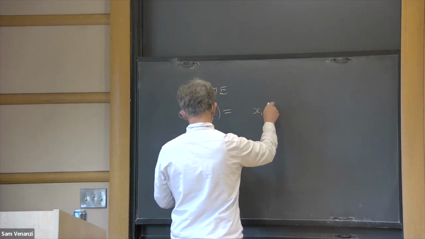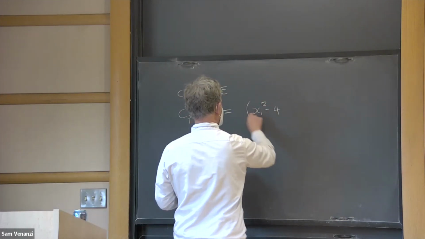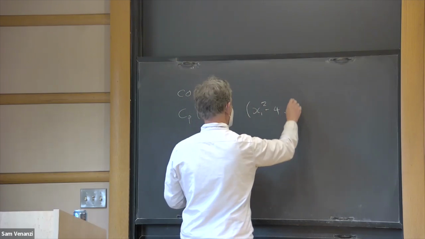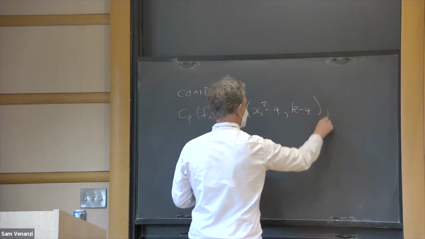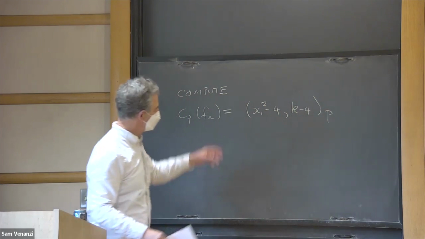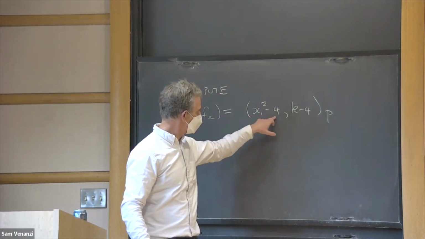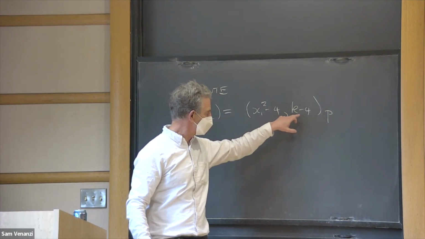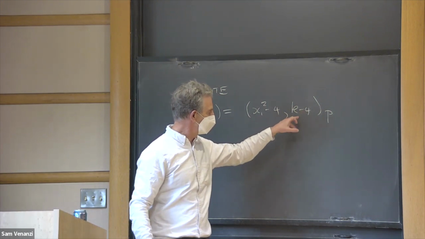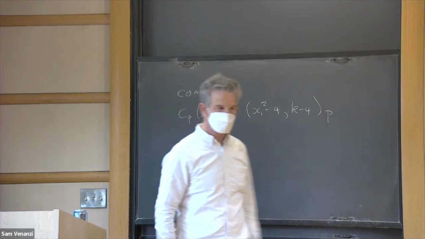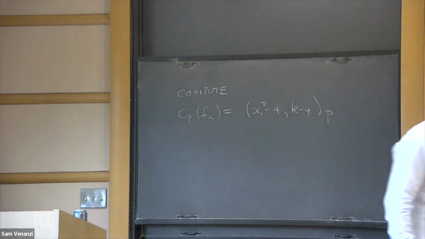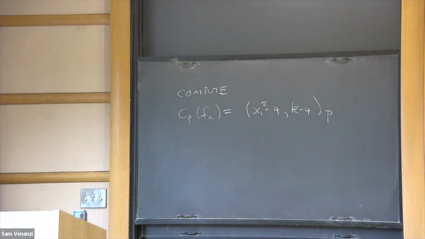It doesn't matter, it could be any one of these three variables, x1 squared minus 4, k minus 4. The Hilbert symbol, which is whether this times x squared plus this times y squared might equal minus 1 as a p-adic solution. So you can actually compute very easily the Hasse invariant.